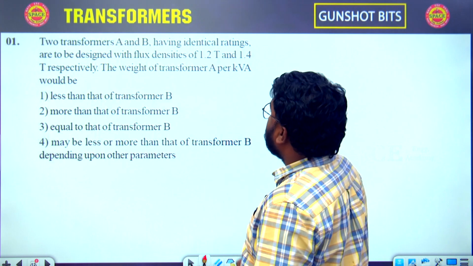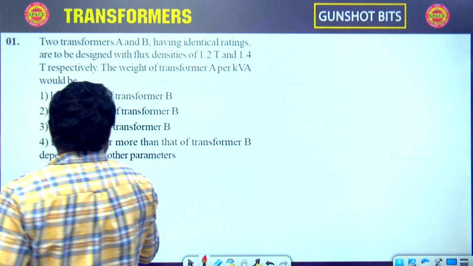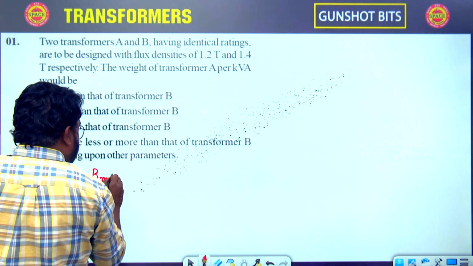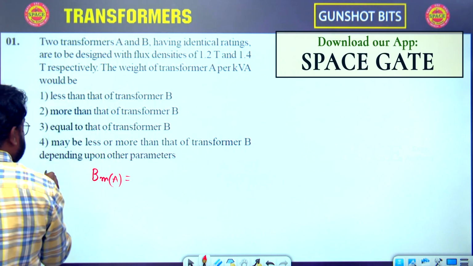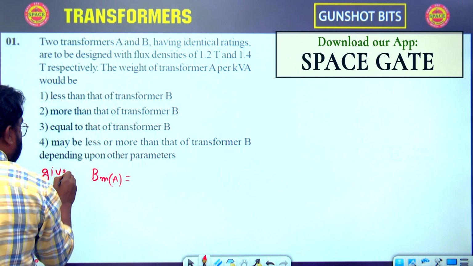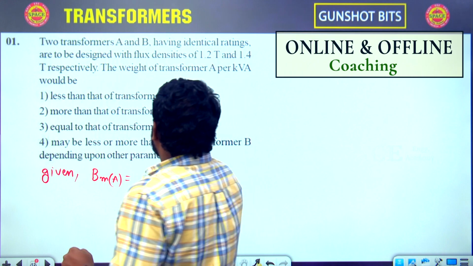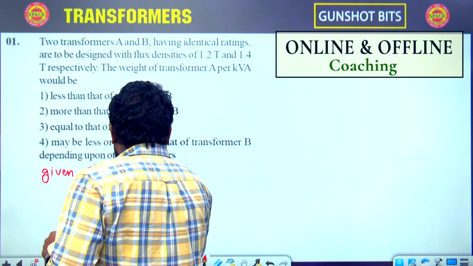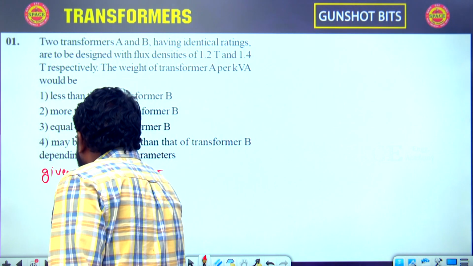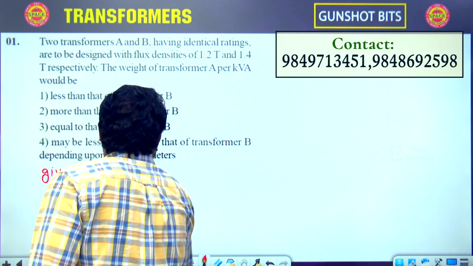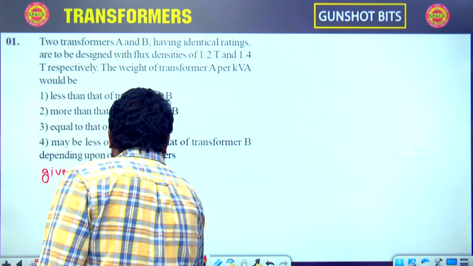This is given in the question: the flux density of transformer A is 1.2 Tesla and the flux density of transformer B is 1.4 Tesla.